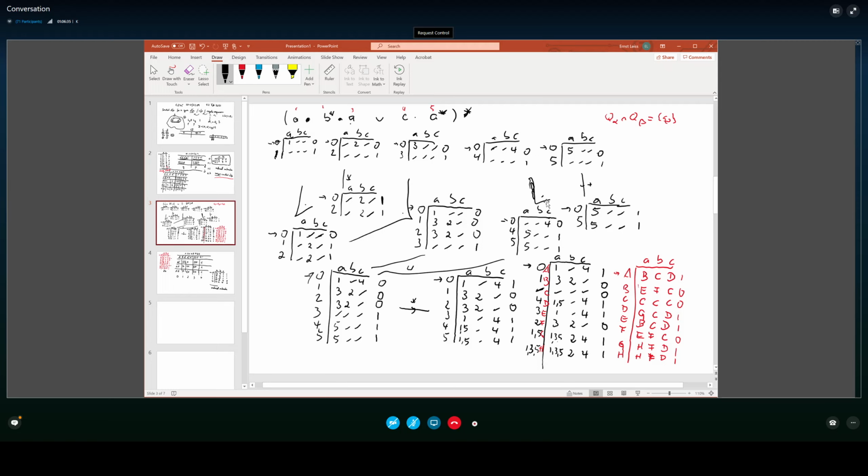So we do the concatenation. We concatenate this automaton for C with that automaton for A star. We look at the initial state of the second automaton, which is accepting. So we take all the final states of the first automaton plus all non-initial final states of the second automaton.